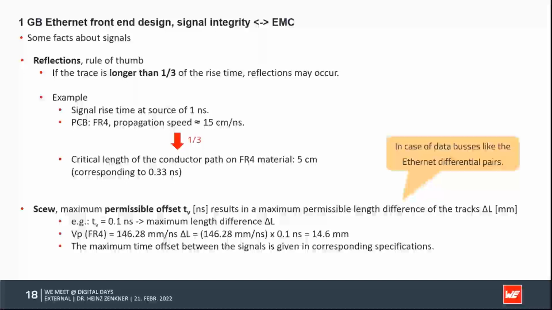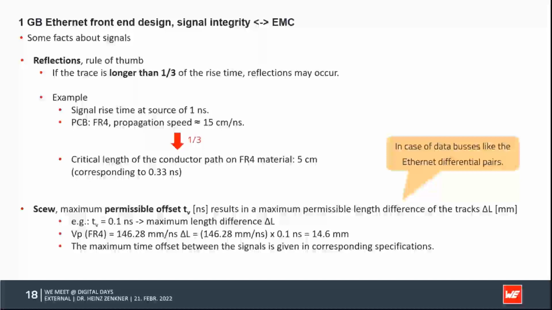In this example, the signal rise time is 1 nanosecond and you use FR4 material, like it is done in, let's say, 99% of all cases. We have a propagation speed in FR4, which you can calculate as C, the speed of light, divided by the square root of epsilon r, the dielectric permittivity.